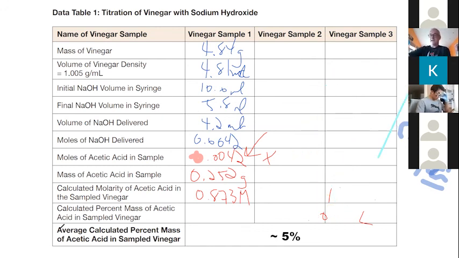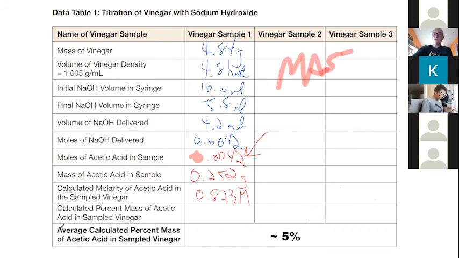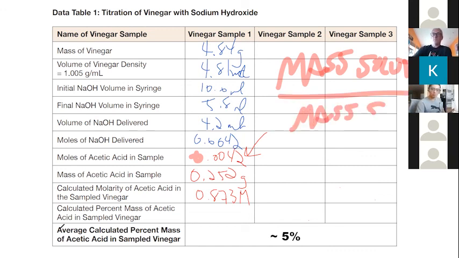That's what percent mass means. So what's the mass of the solute over the mass of the solution? That's percent mass, right? So how am I going to go from my molarity to this?